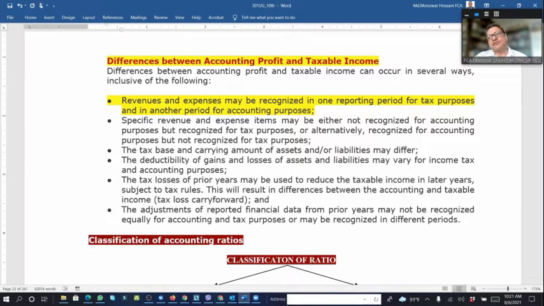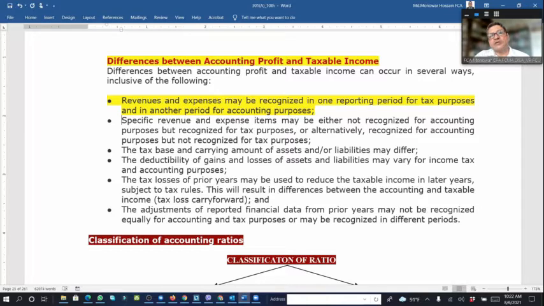So what is the difference in depreciation? Our third schedule specifically describes the rate of depreciation. What item, what would be the rate? But as per the accounting standard, it's also different. For example, one of our furniture or one of our machines, we estimate the life at 10 years.